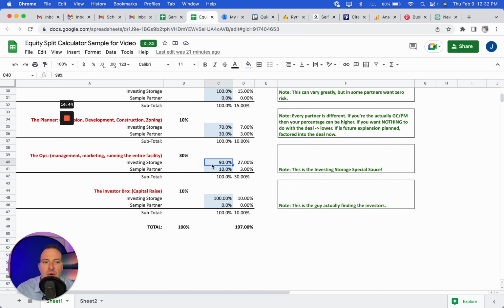I was pretty disappointed in them. But that said, I see what they did wrong. I see what we try to do at Investing Storage in our operations, fine tuning all these things, constantly reflecting and really optimizing every little aspect of our facility. I see what we do there, and I've seen how it's been done poorly by even experienced operators. And so, anyways, 30% of the deal, obviously.